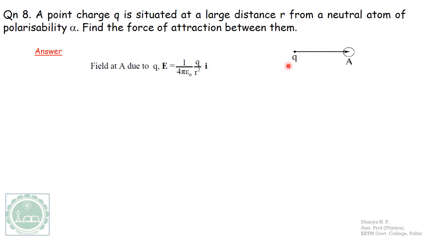Then field at A due to the charge Q is equal to 1 by 4 pi epsilon 0 Q by r square into i. This is the general equation. This distance is r.